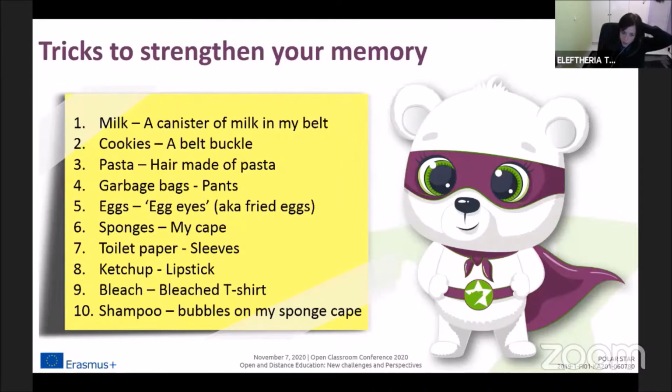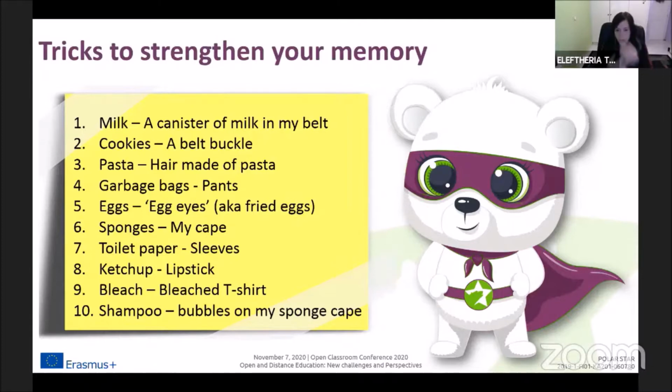She has eggs on her eyes. This is a Greek reference, actually, because when we fry eggs, we call them egg eyes. Her cape is made out of a sponge. The sleeves of her t-shirt are out of toilet paper. She's wearing ketchup lipstick, a bleached t-shirt, and she has shampoo bubbles on my sponge.